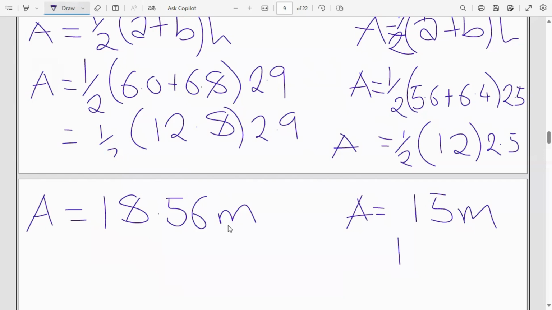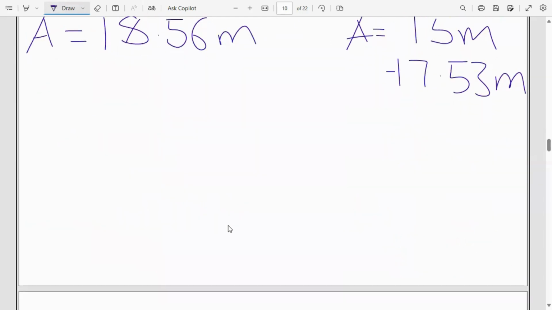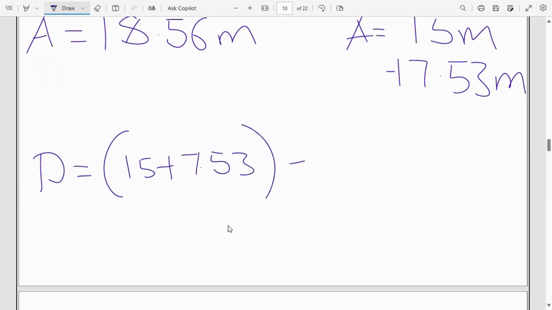So my distance between the cat and the mouse will be equal to 15 plus 7.53 minus 18.56 meters.